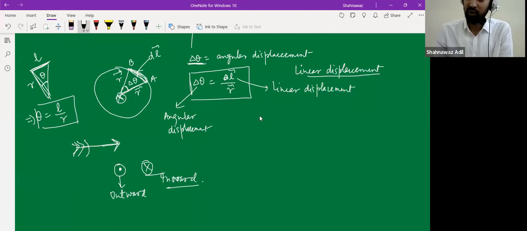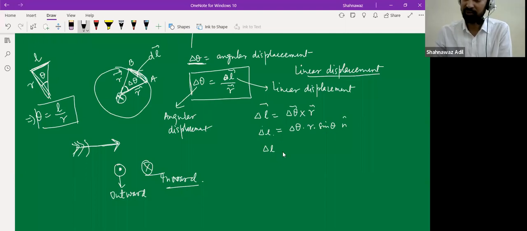So your delta L is delta theta cross R. And when you calculate the magnitude, this will be delta theta into R sin theta and n hat. When your theta is 90, your delta L will be theta into R. Understood?